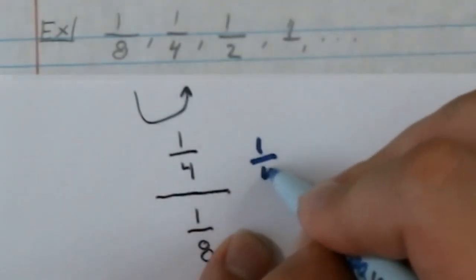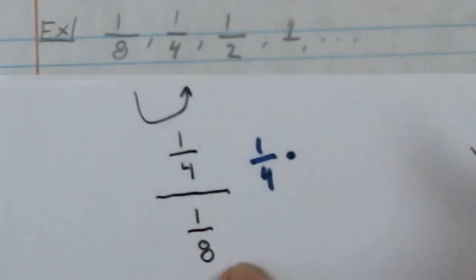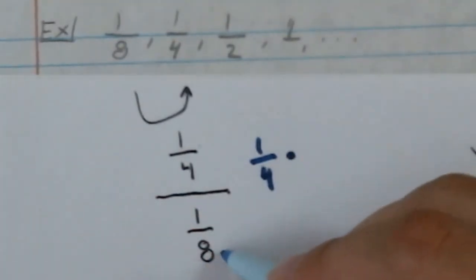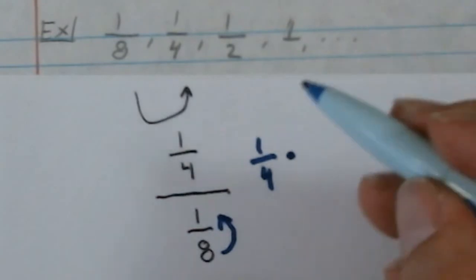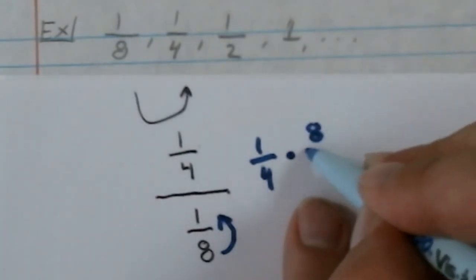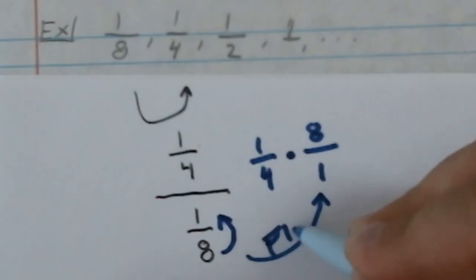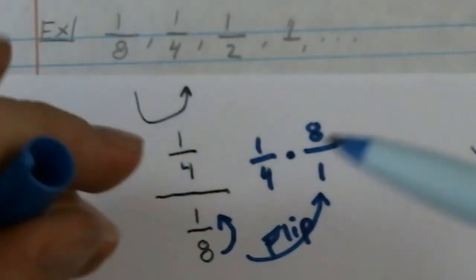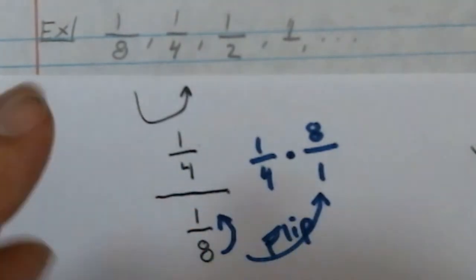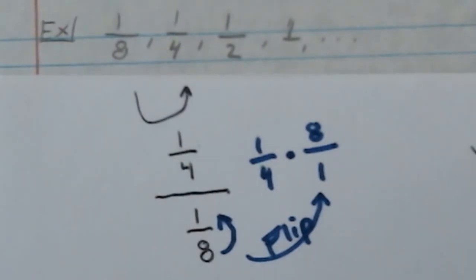We go 1/4 times what? Don't we take this and flip it? So then we're going to go 8/1. We're going to flip. If you don't remember fractions, I do have a refresher video that you can look at for fractions.